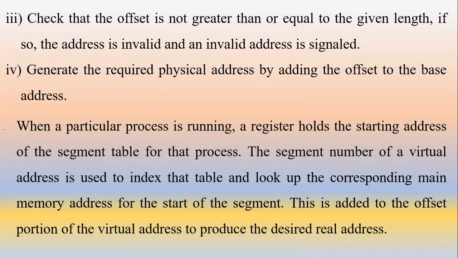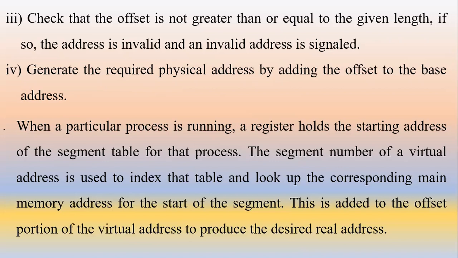If so, the address is invalid and an invalid address is signaled. Number 4 is to generate the required physical address by adding the offset to the base address. When a particular process is running, a register holds the starting address of the segment table for that process.